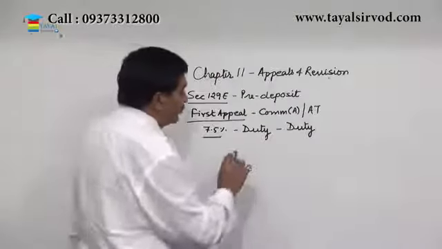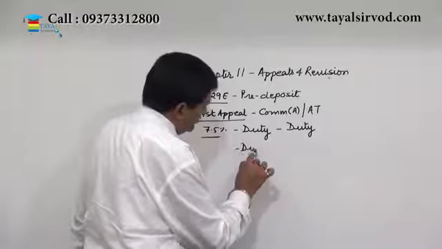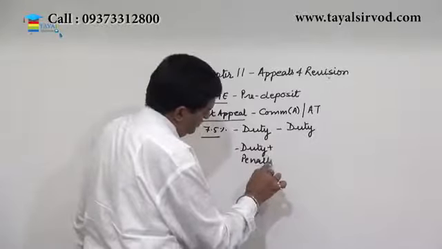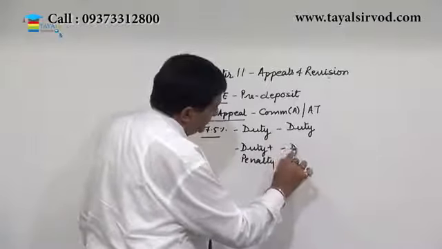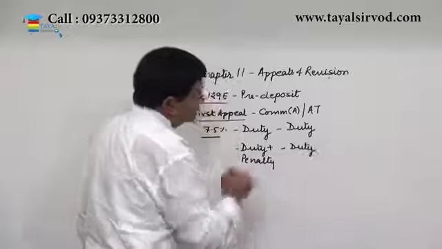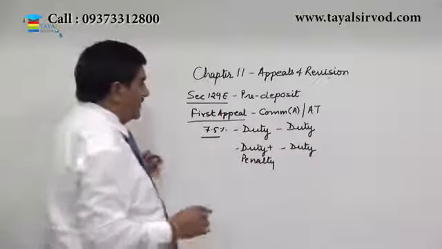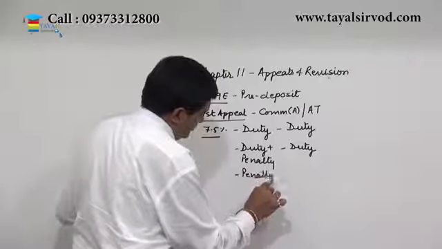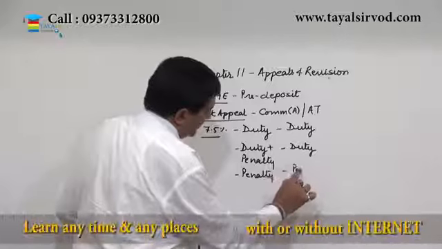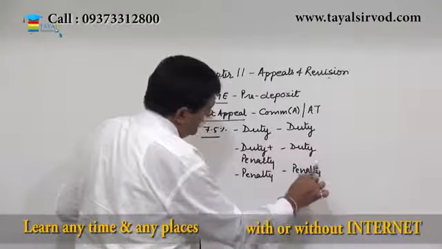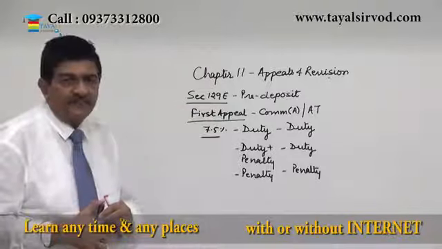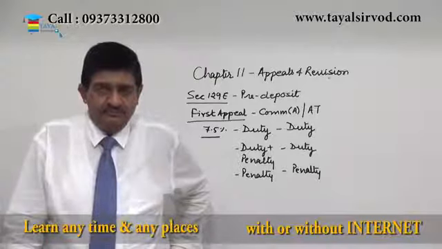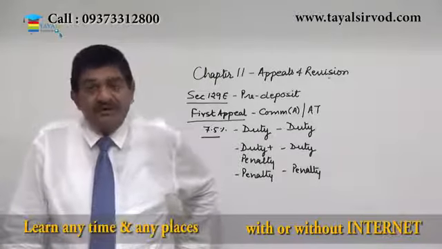If it is a question of duty plus penalty, then again it is 7.5% of duty. And if it is a question of penalty only, then it is 7.5% of the amount of penalty, right? So unless this amount is deposited, the appeal will not even be accepted.